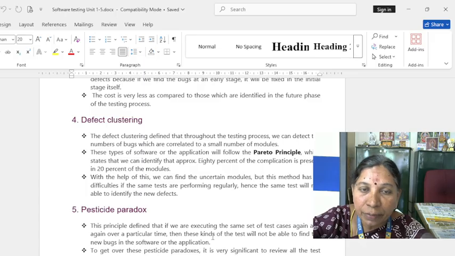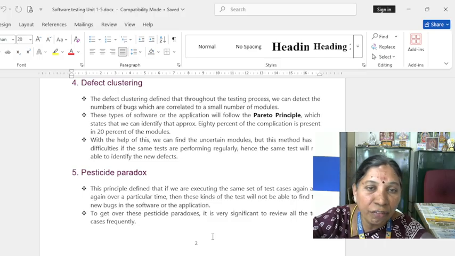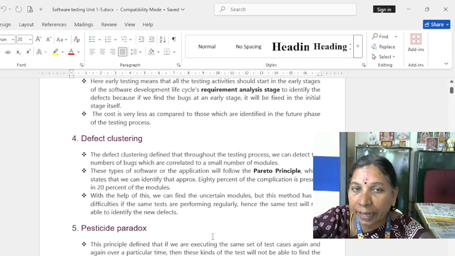It means we can identify that approximately 80% of the defects are present in 20% of the modules. Okay, the third important thing is, with the help of this we can find the uncertain modules, but this method has its difficulties if the same tests are performed regularly. Hence, the same tests will not be able to identify new defects. Okay, this is the defect clustering concept.